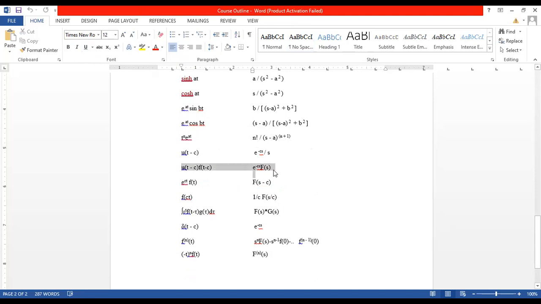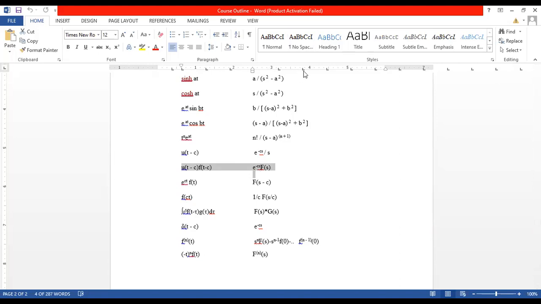When you have e to the minus cs in front of the function, what it says is that you are delaying the function by c. So the minus c is the delay in time. It doesn't start at t, it starts at t minus c.